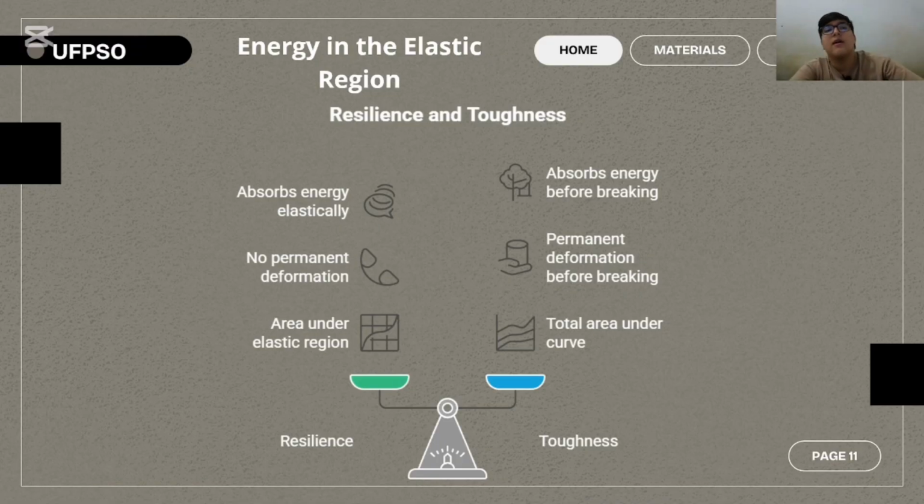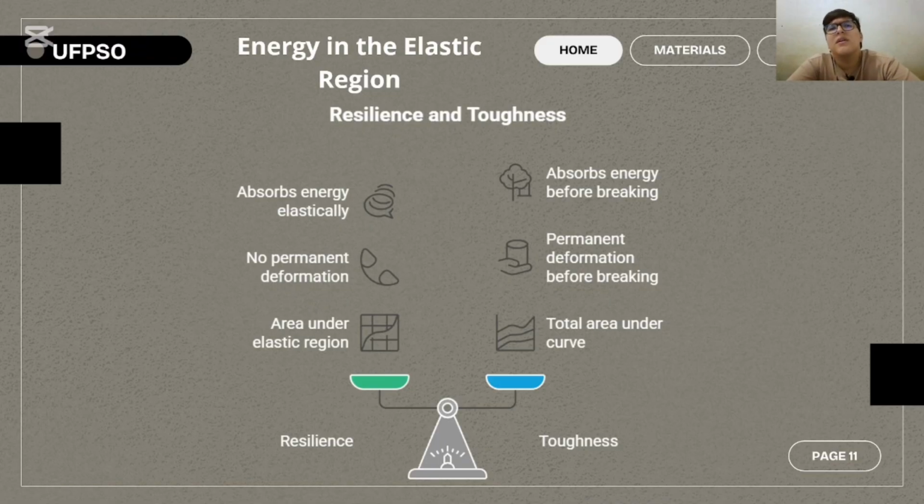Now let's talk about energy in the elastic region. Resilience. Resilience is the ability of the material to absorb energy when it is deformed elastically, and to release the energy when the load is removed.